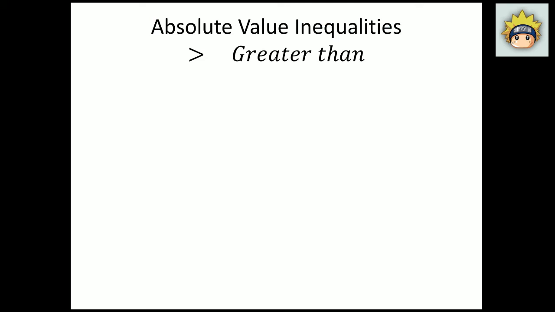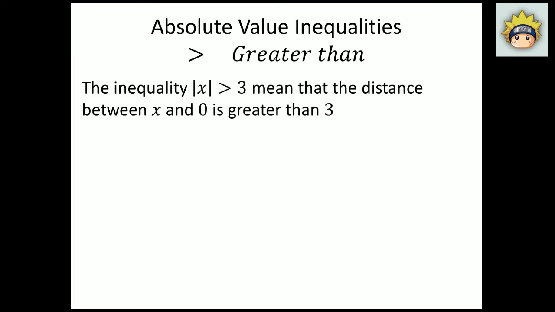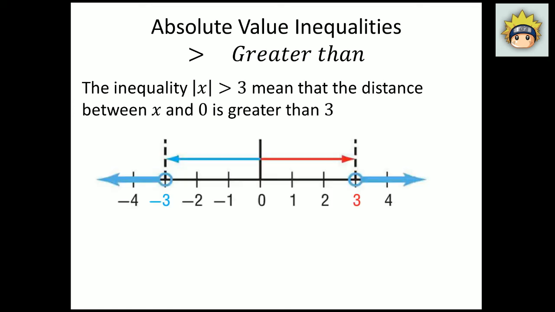Next scenario. The absolute value greater than. Now I'm changing the sign. What if the inequality is the absolute value of x is greater than 3? What does that mean? It means that the distance between x and 0 is greater than 3.